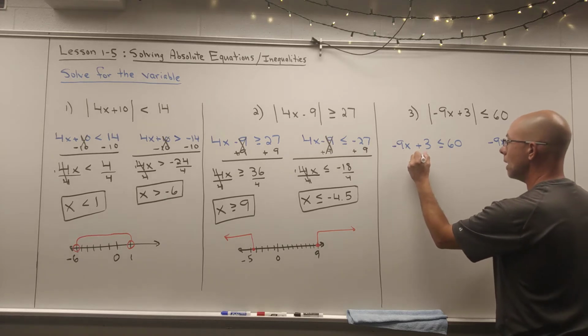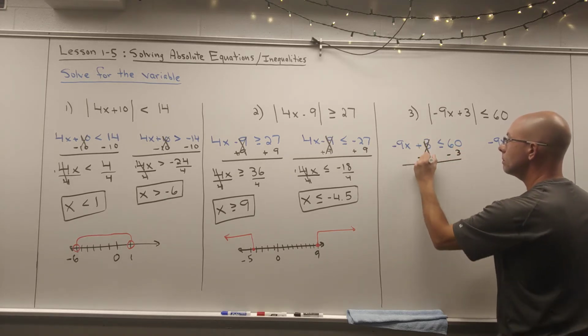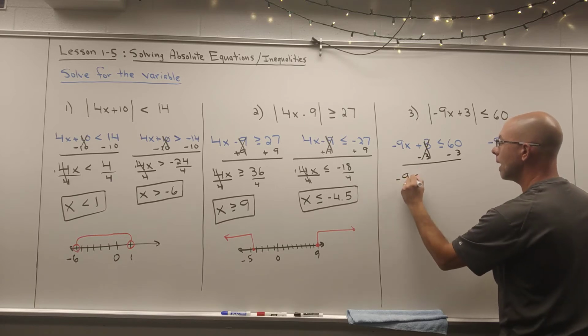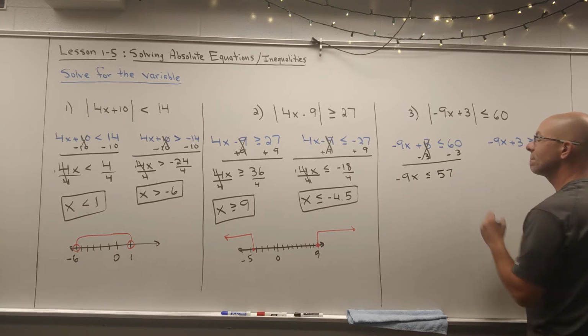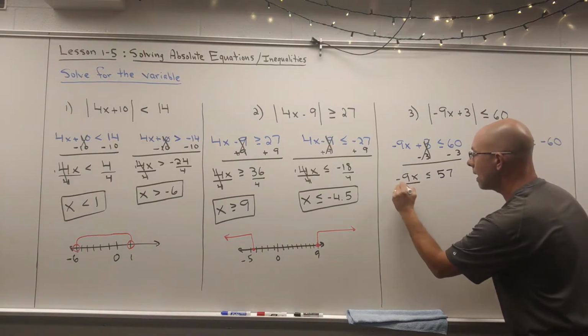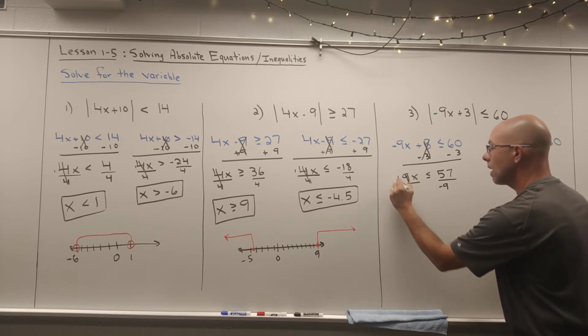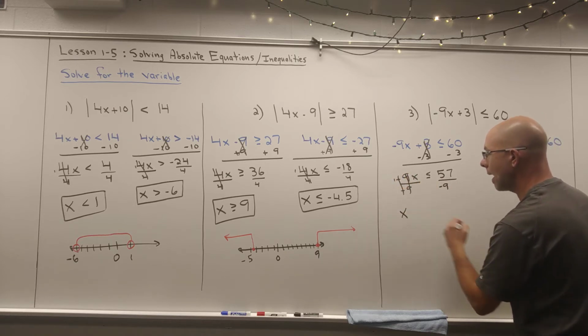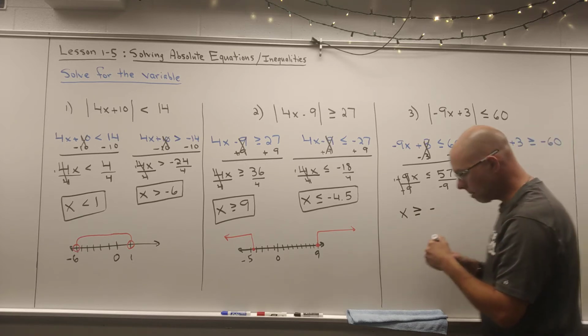Okay, so subtract 3. Negative 9x is less than or equal to 57. Divide both sides by negative 9. Negative 9 divided by negative 9 is 1x. Switch the sign, and this is negative.